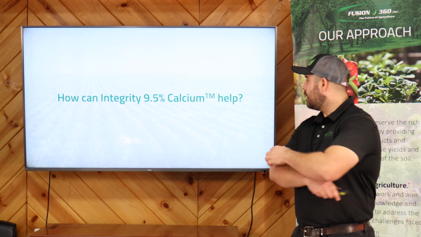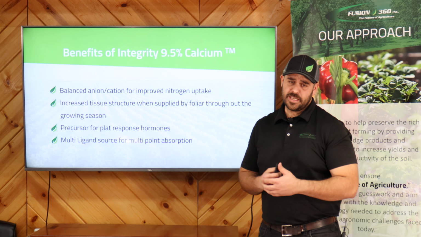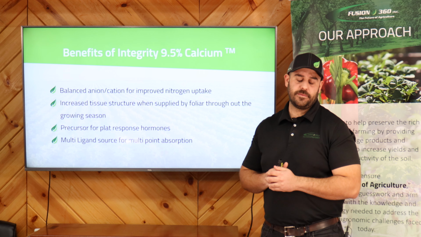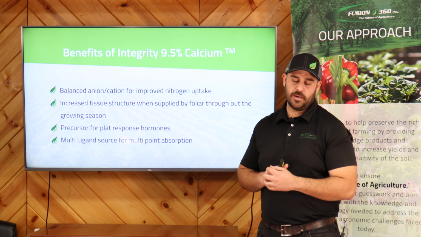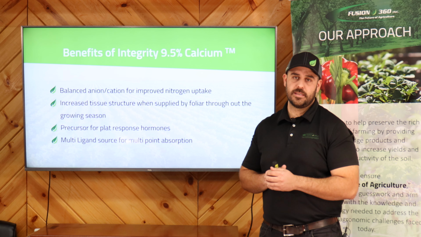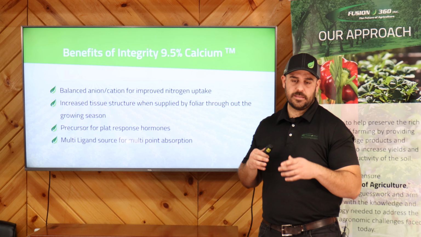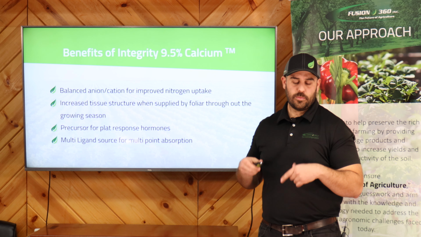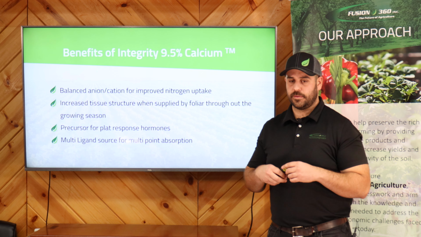So how can Integrity Calcium help? As I mentioned, the key benefit of Integrity Calcium that makes it very unique is the different forms of calcium that are present. So the ligand is the key part for uptake and what's going to make it soluble and be received differently through the plant.